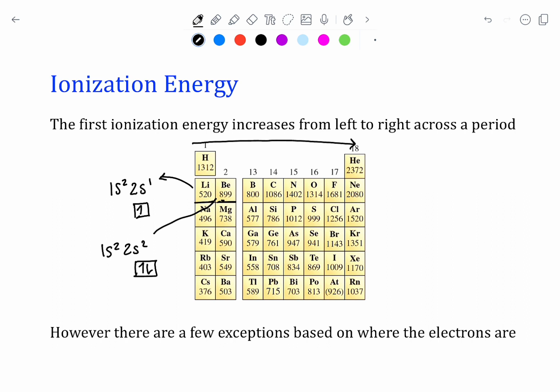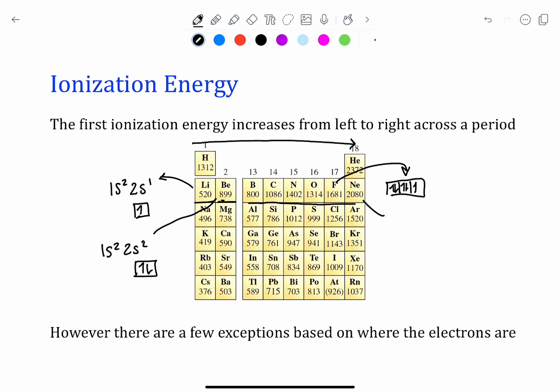And then as we go further and further down, it's the same concept as we get into our p orbitals. If we have 1 electron, it's a lot easier to pull off that 1 electron. But as I create more and more electrons that are paired up, so here's fluorine, it's a lot harder to pull off those individual electrons.